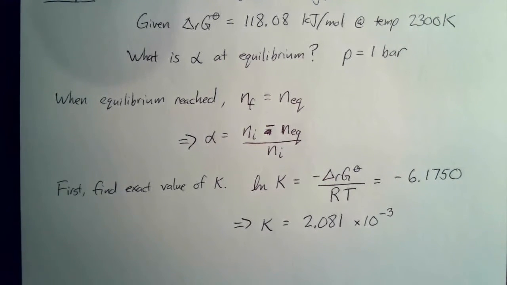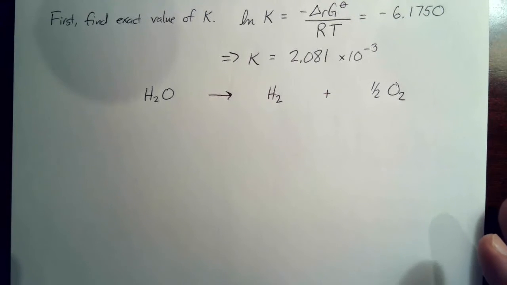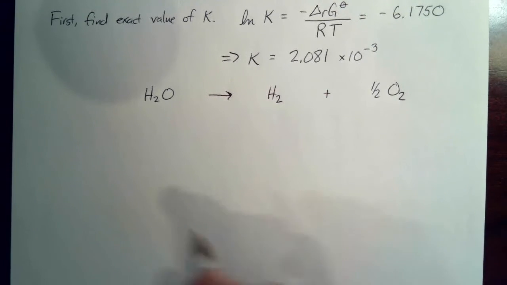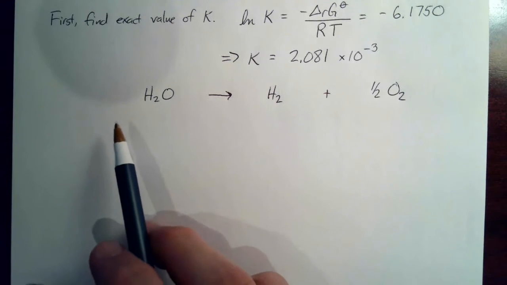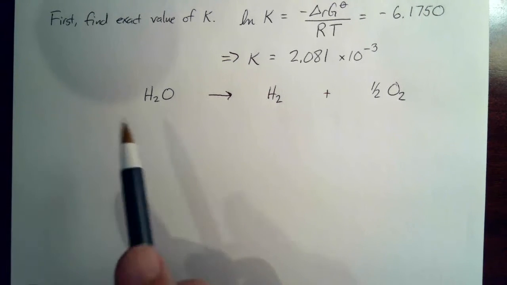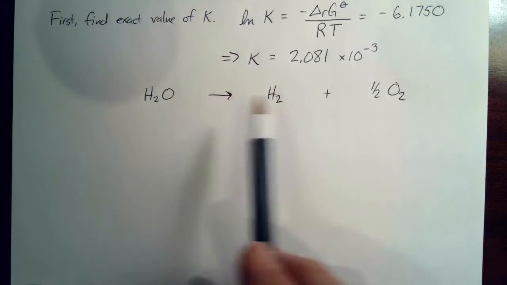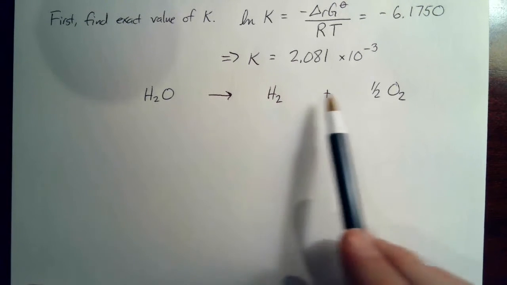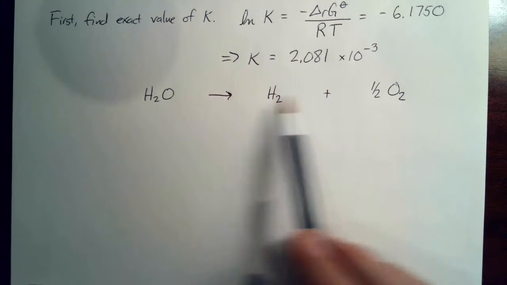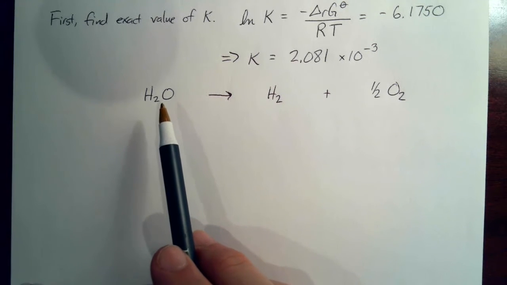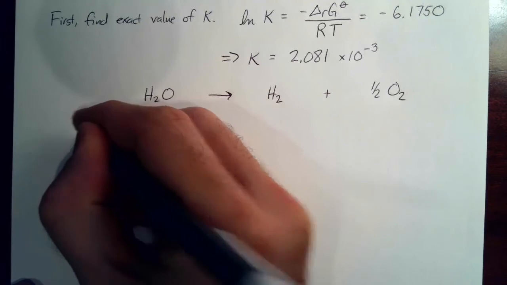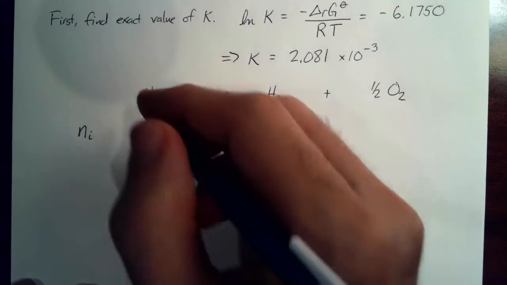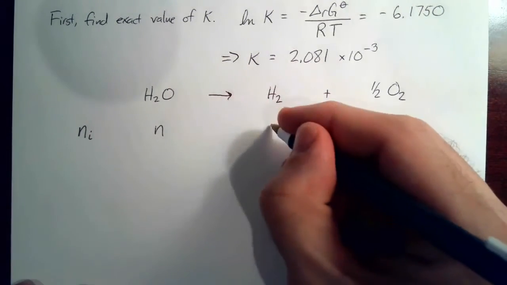There are no units. Okay, the next step is that we want to find the initial and final expressions for the initial and final number of moles for each of these species using the chemical equation that we have. So the first thing is, what are the initial amounts? And here we're assuming that we start with water and nothing else.